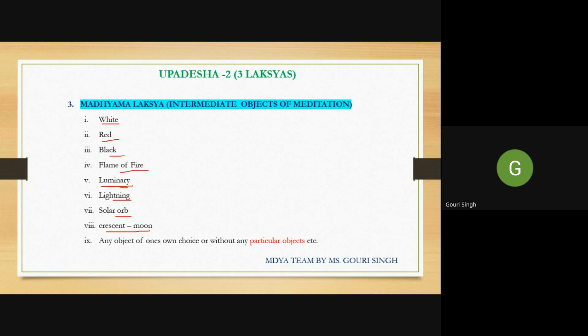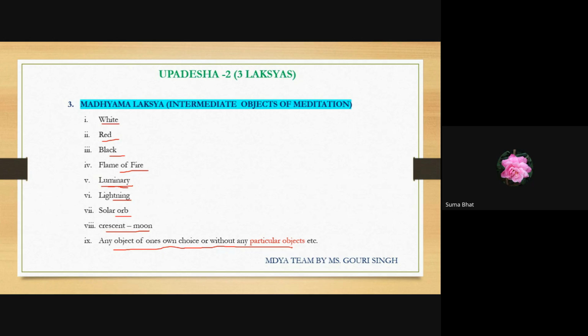Means how in the Amavasya, if you see how the half moon becomes, that is called as the crescent moon. And solar orb means that is the total, that is the circle. Okay, so that is all the solar orb, and it is the crescent moon you can do. And any objects of one's own choice or without any particular objects, one also can do the meditation, and that will be included as your Madhyama Lakshya.